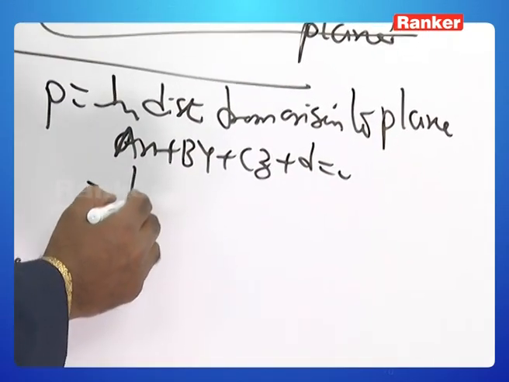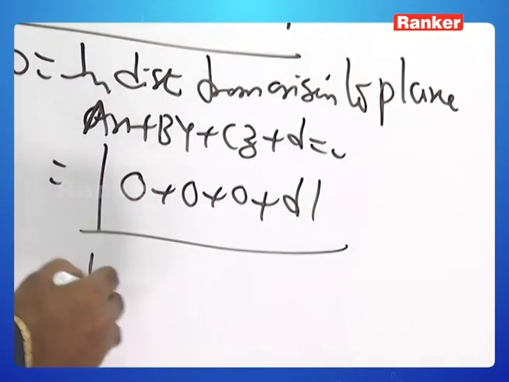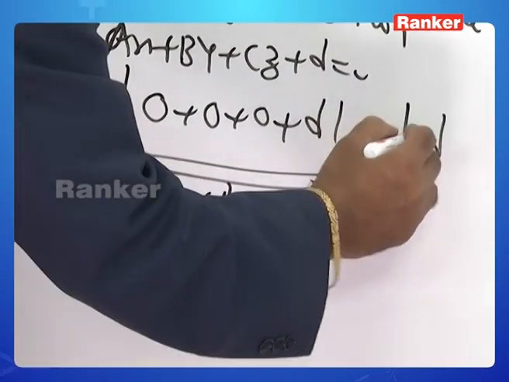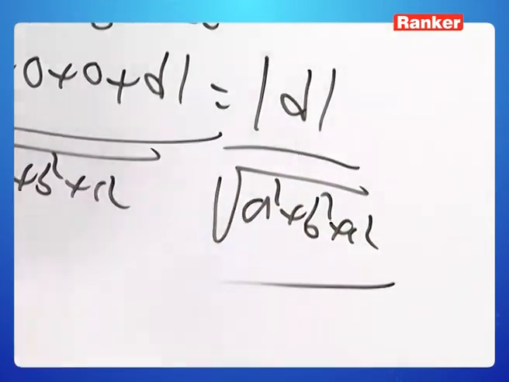That is 0 plus 0 plus 0 plus d by square root of a square plus b square plus c square. Therefore, mod d by square root of a square plus b square plus c square.